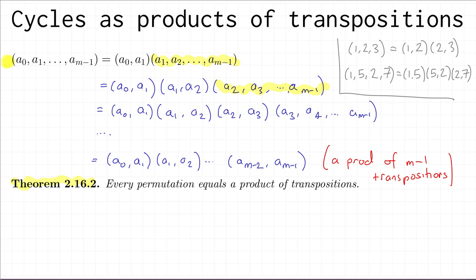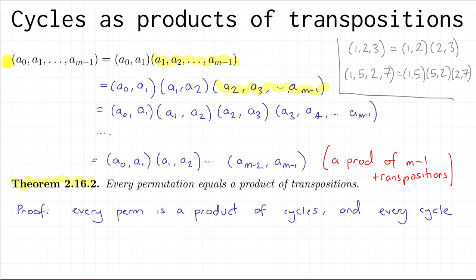So the proof is simply that every permutation, perm for short, is a product of cycles, and every cycle, as we've just seen, can be written as a product of transpositions.